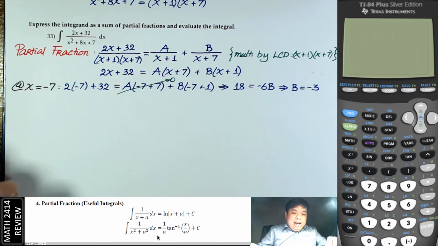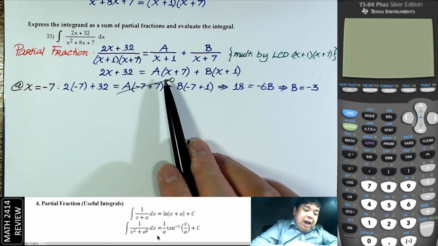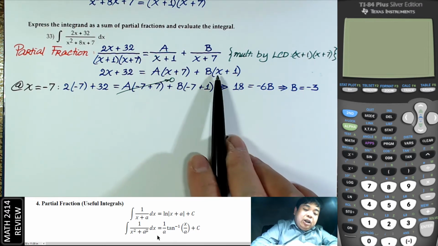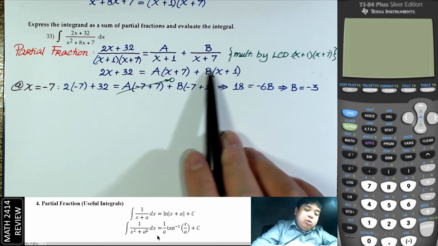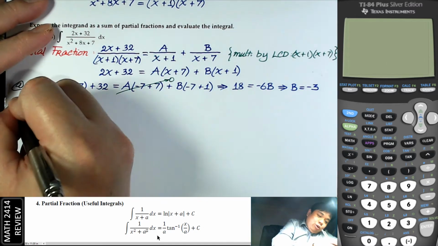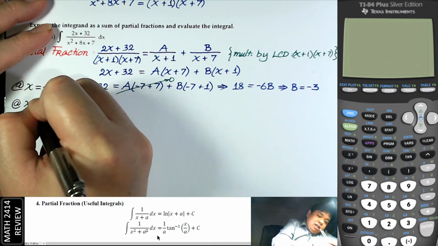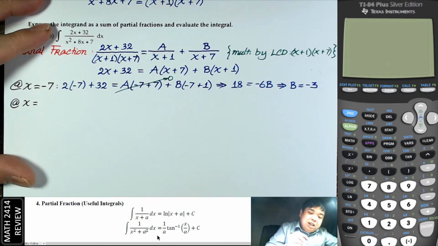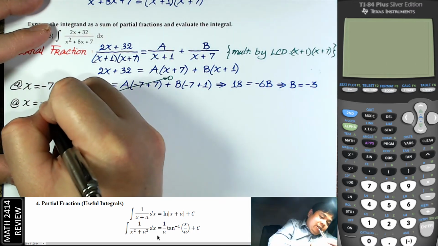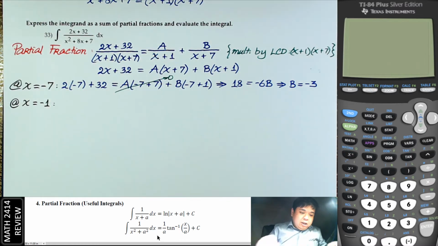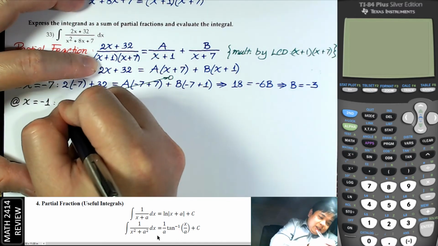Right, now if we choose x to be negative 7, that's gone. If we choose x to be negative 1, this will go to 0. So usually when we have linear factors, that will be very handy. If all of them are linear factors, that would be very handy. Substitute negative 1 into x.